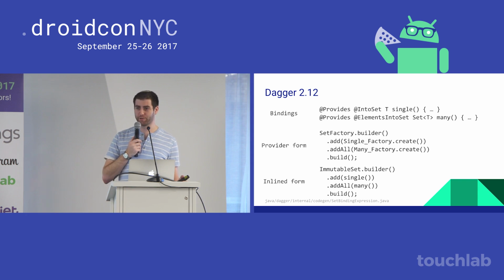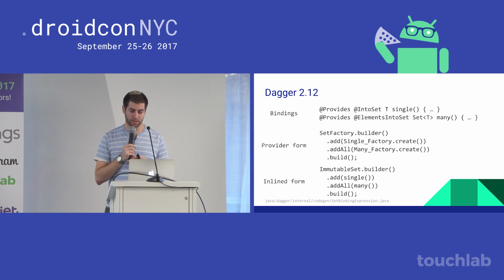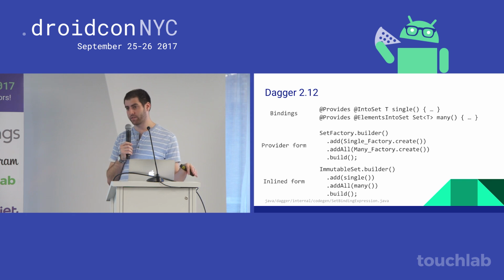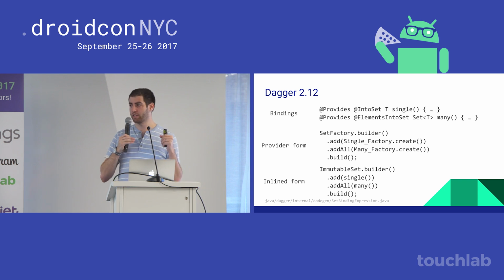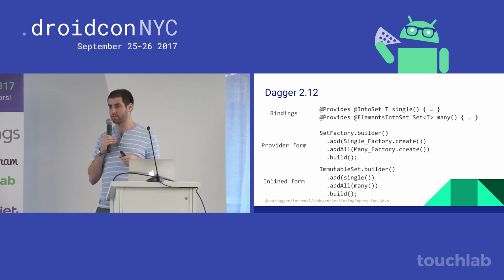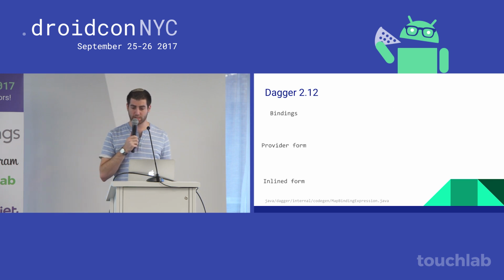So if you were staying away from Guava on Android previously, I highly recommend putting that back into your build. We'll use that automatically if you have Guava. If not, we'll use a HashSet version. So again, the point here being, if you can get to this inline form, you save tons and tons of factories.